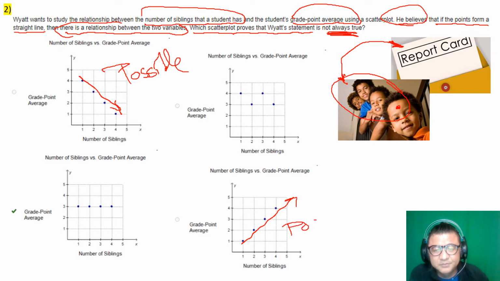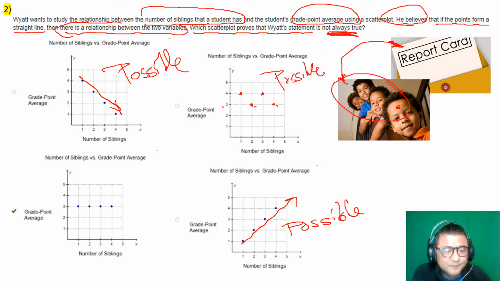That's also possible because a lot of siblings can help you. Is it also possible that this one, number of siblings and grade point average, is this? It varies. No trend. This is possible. Possible, no trend. But is this possible?